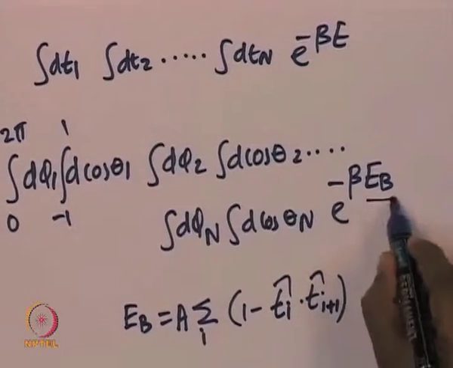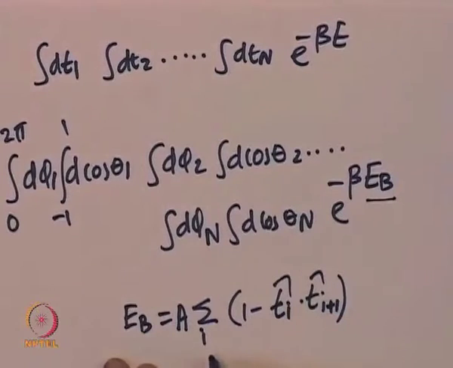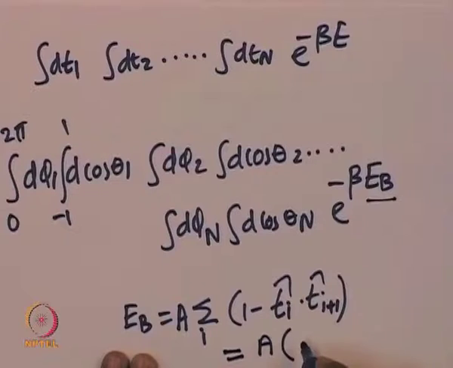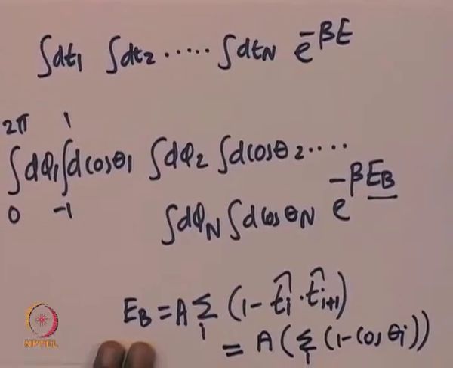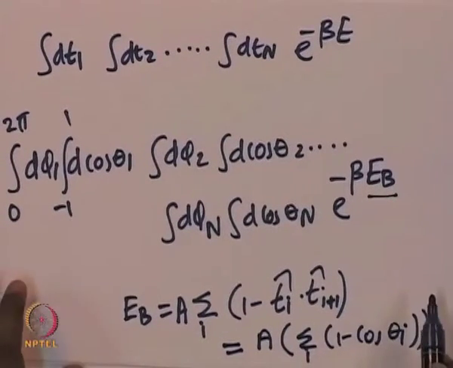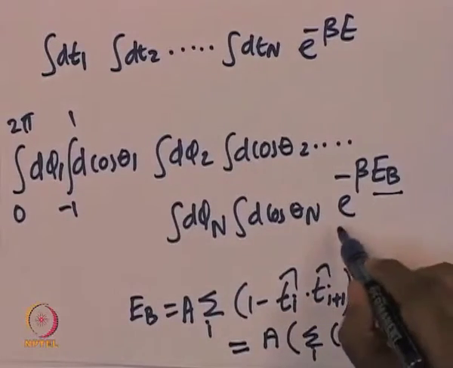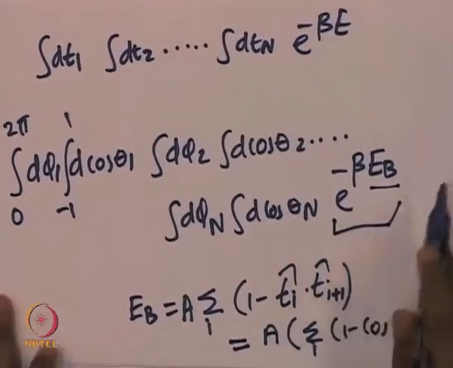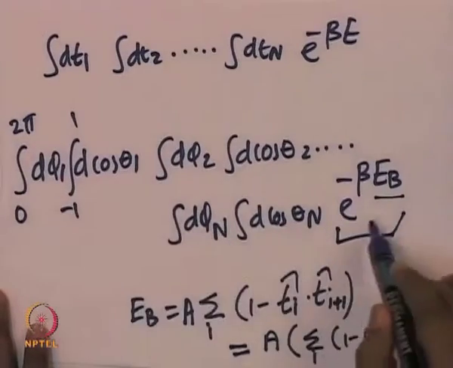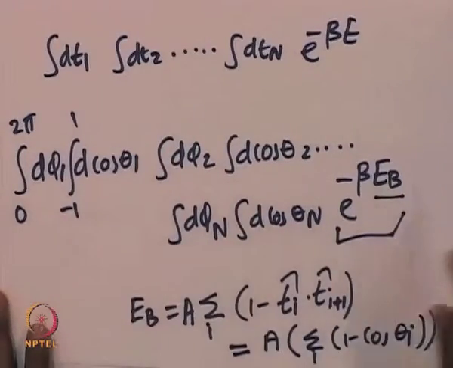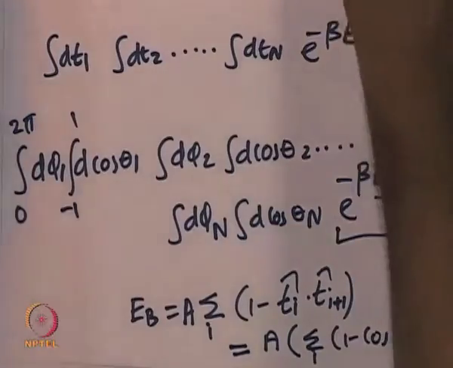So, this E b depends only on cos theta. This is nothing but a into sum over i of 1 minus cos theta i. So, the whole integral does not depend on phi at all, because this function does not depend on phi, only on theta. So, we can take all the phi integrals out and do them.